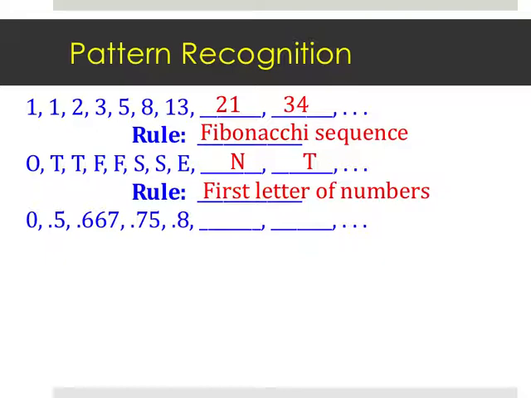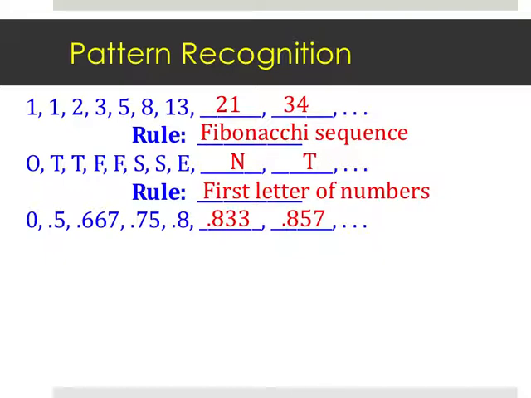What do you got for the next two? Dan. I got it in fraction form. Okay. 5 sixths, and then 6 sevenths. So explain that.